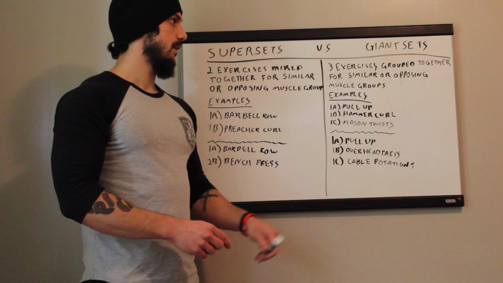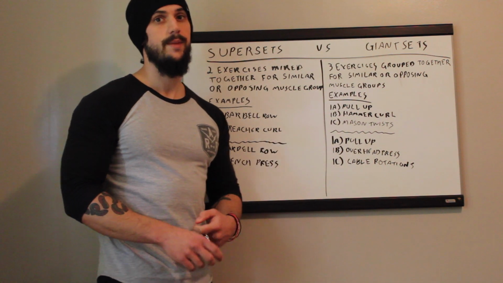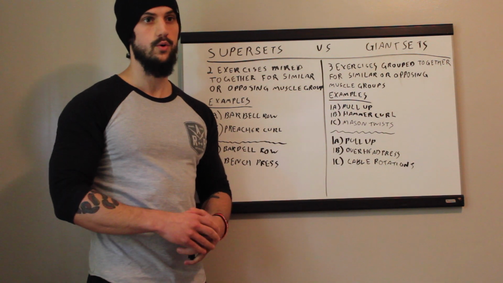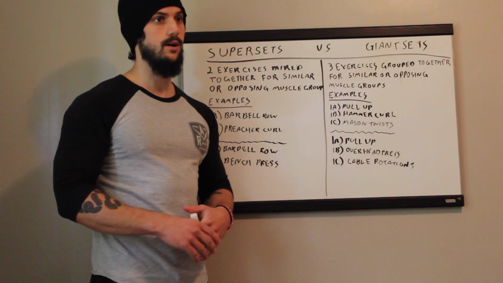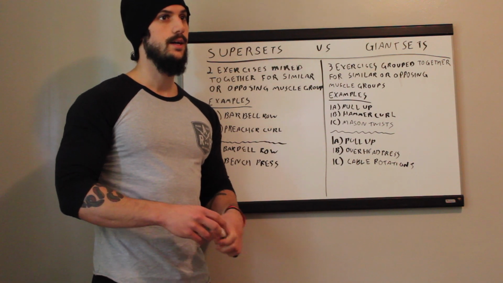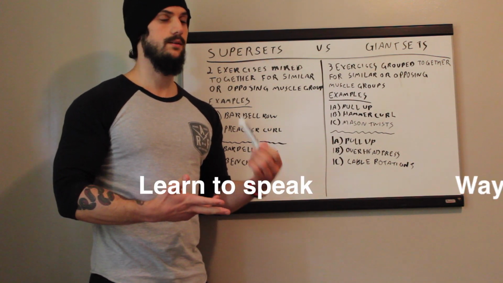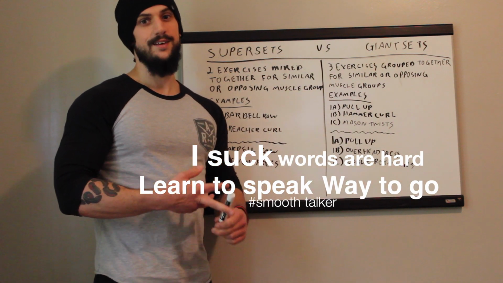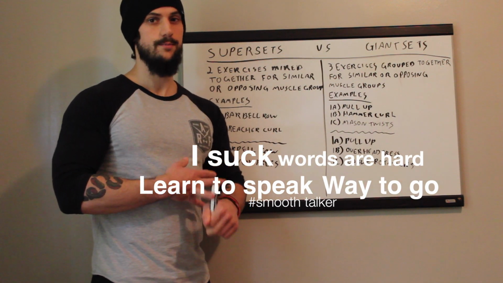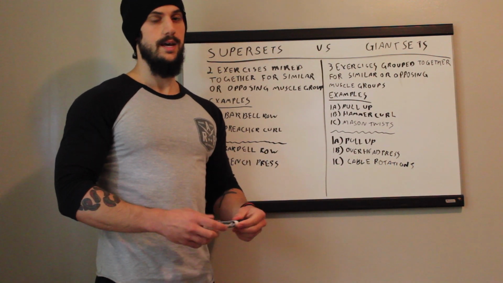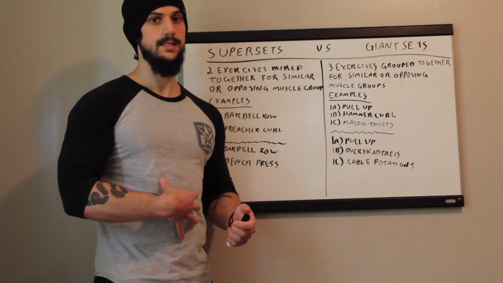Now, I prefer the giant set format because it helps me actually train my core, which is something I often neglect because I'm sort of in a mindset of, I'm squatting heavy, I'm deadlifting heavy, doing the overhead presses and stuff, so I'm already doing a bunch of movements that require your core to be nice and tight.